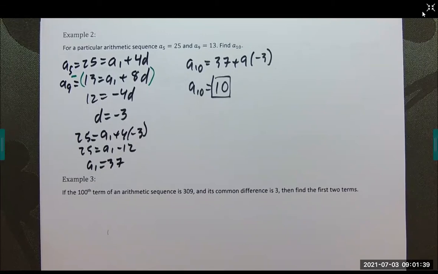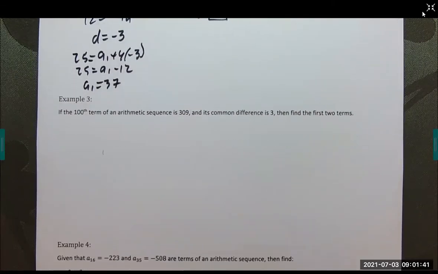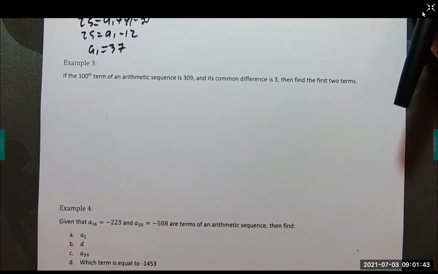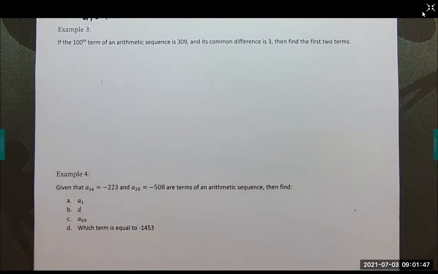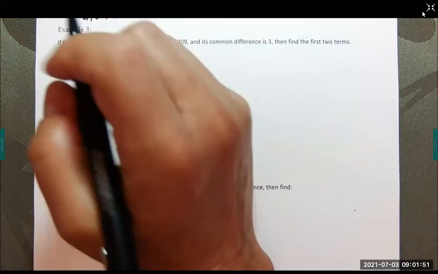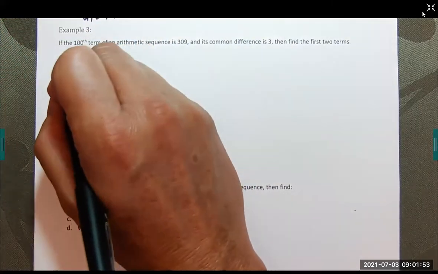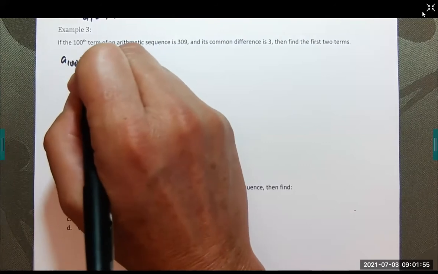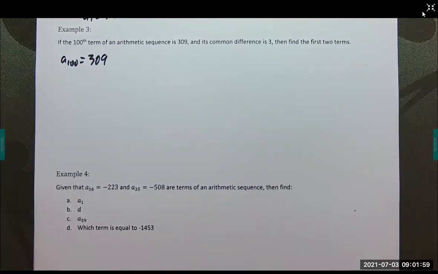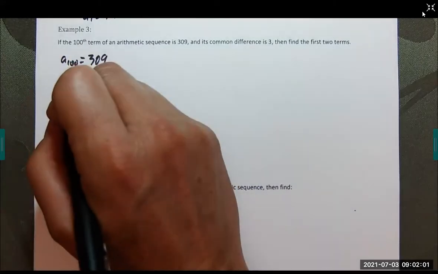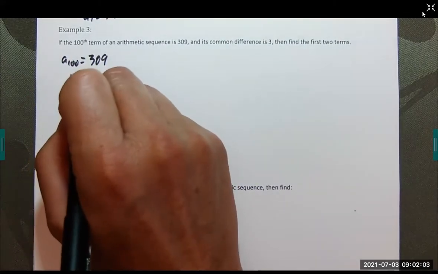So moving on to example 3. All right, if the 100th term of an arithmetic sequence is 309, okay, so what they're telling us is a sub 100 is 309. And we have a common difference, 3.